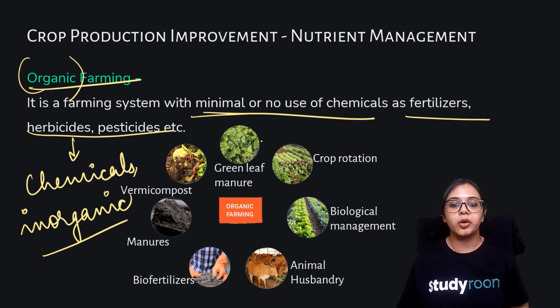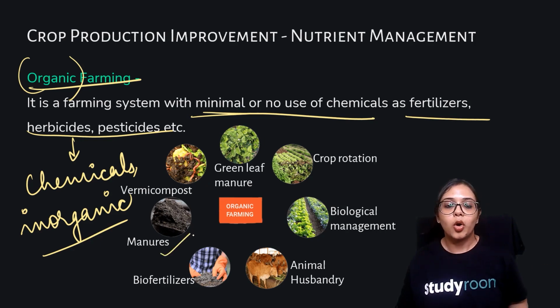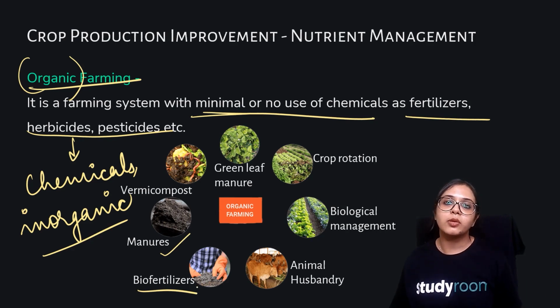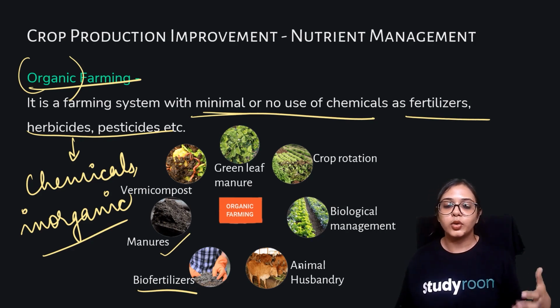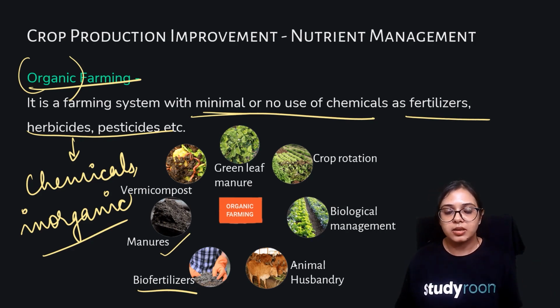So you are using green leaf manure or vermicompost or simple compost, your simple manure, or you are using biofertilizers, meaning some living organisms also act upon the decomposing material and produce the biofertilizer. You are using sources of animal remains, and biologically managing the crop rotation that we'll be learning about.